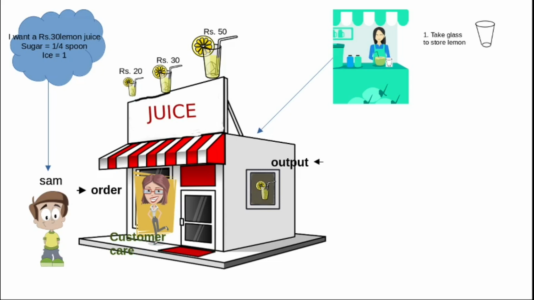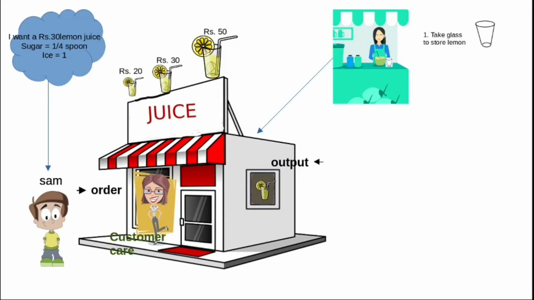There is a little machine where you put your glass, and while making the juice it contains the juice and your juice is ready. You can imagine it like that.